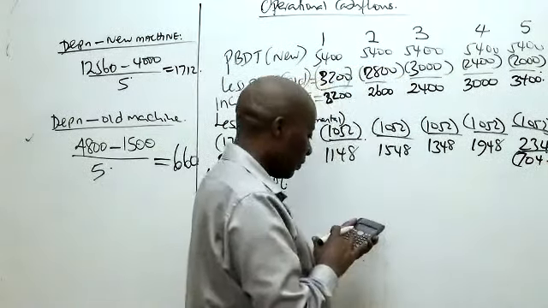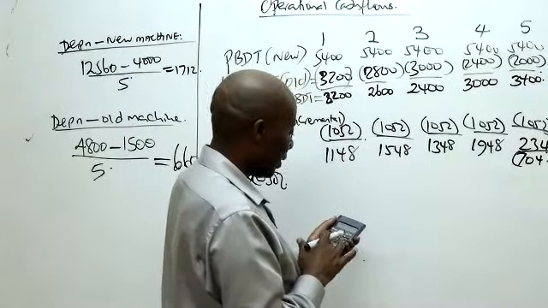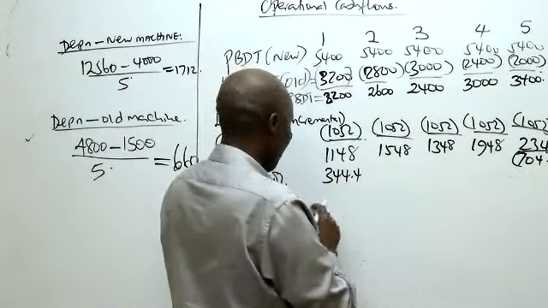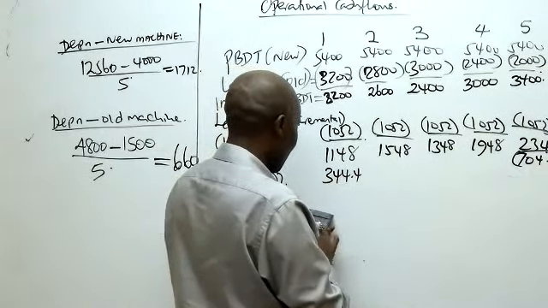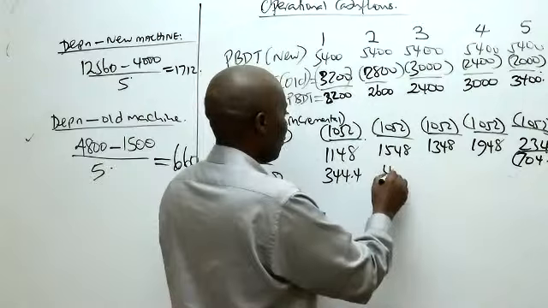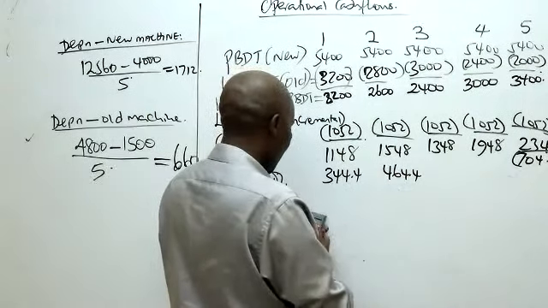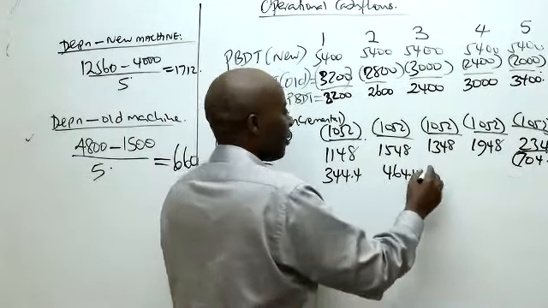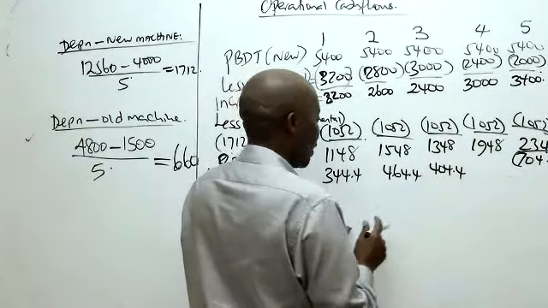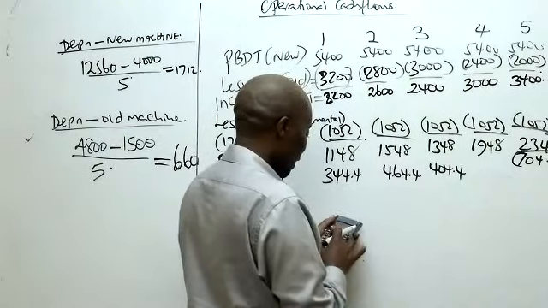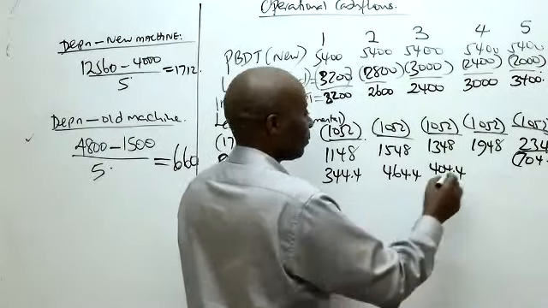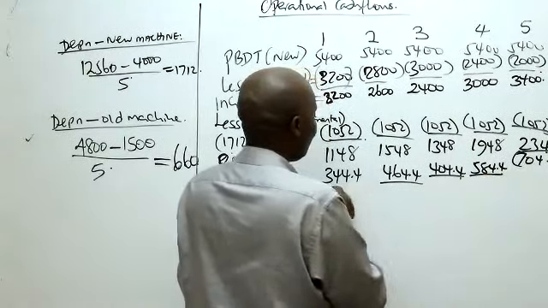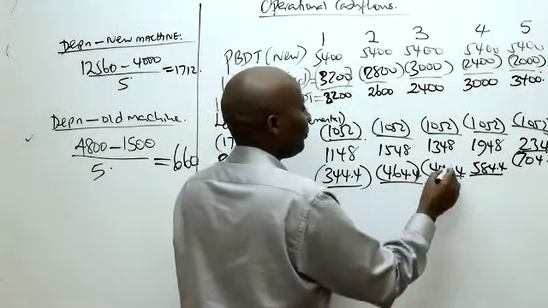Then we have 1148 times 0.3, which gives us 344.4, 1548 times 0.3, which gives me 464.4, 1348 times 0.3, which gives me 404.4, and then we have 1948 times 0.3, 584.4. So you subtract.